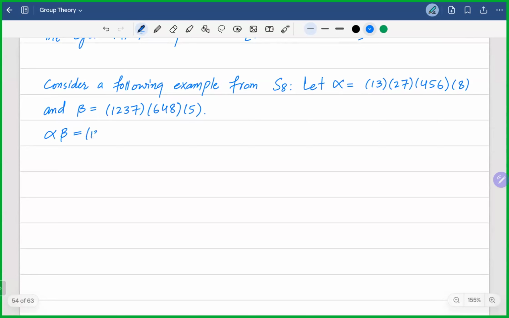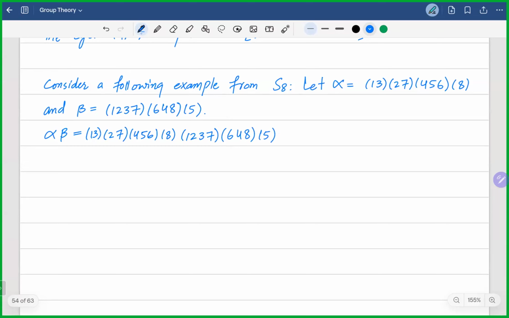So that is (1 3 2 7)(4 5 6 8), and then we have (1 2 3 7)(6 4 8)(5).